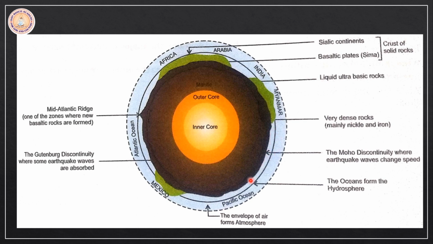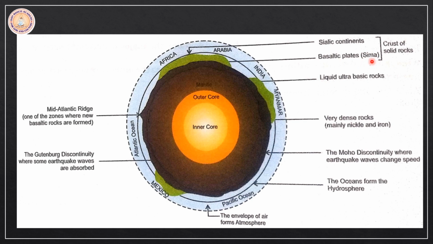The average density of the sial is 2.7 gram per cubic centimeter. The sima is below the sial and it is made up of basaltic plates which consist of silica and magnesium.